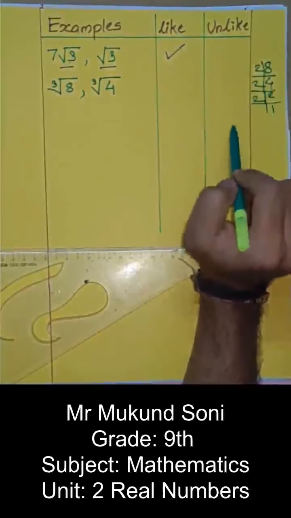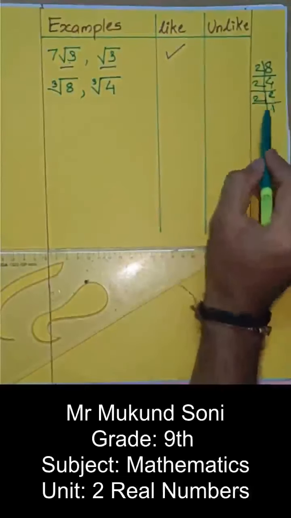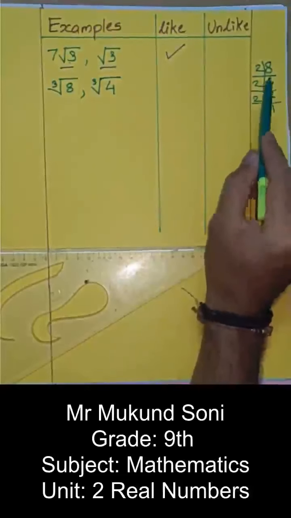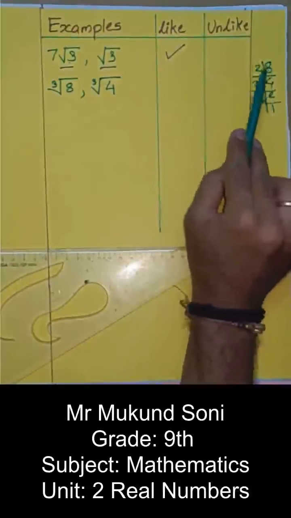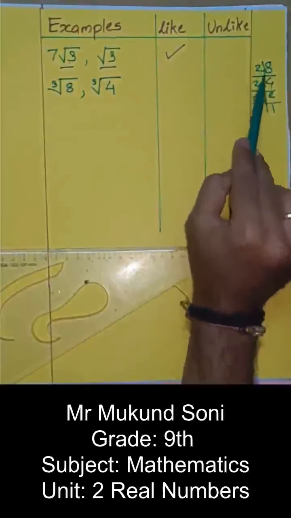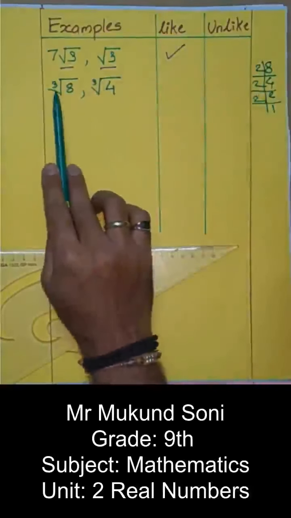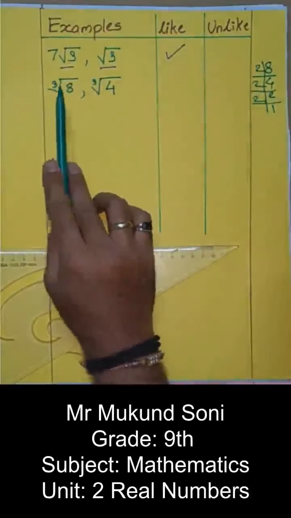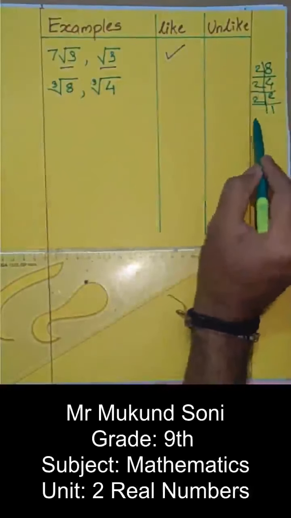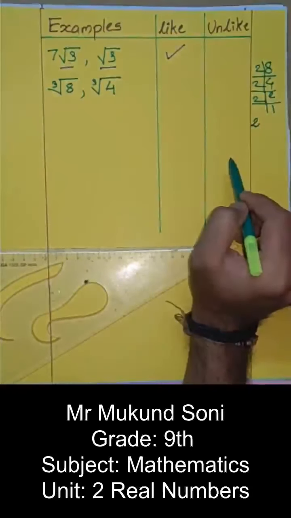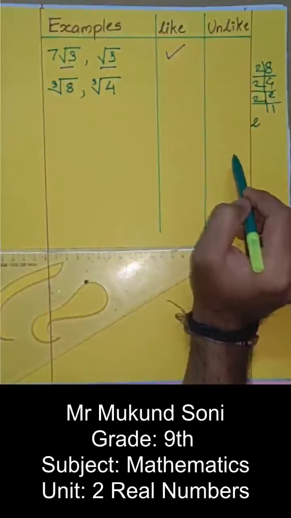So here we can simply say, as 8 has 3 same factors, which is 2, 2, 2, and we are having an order of 3, that simply gives an idea that the answer is 2 for the cube root of 8.